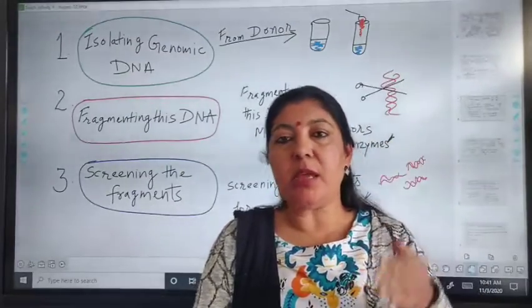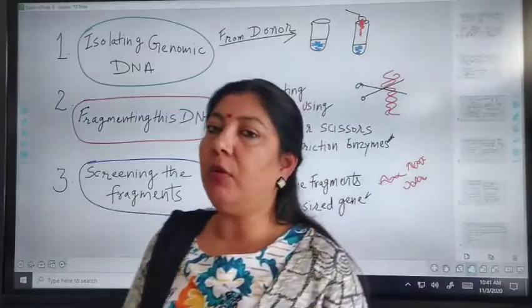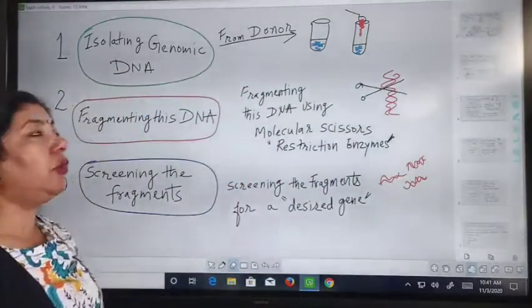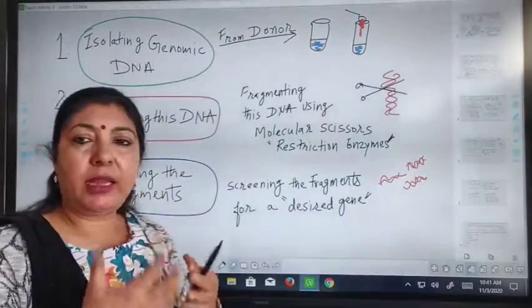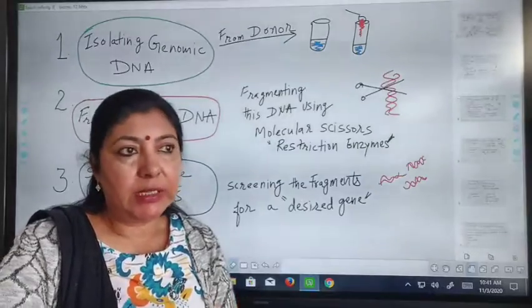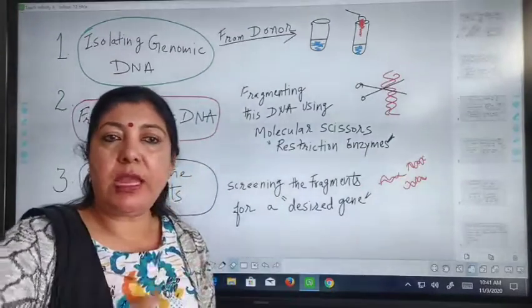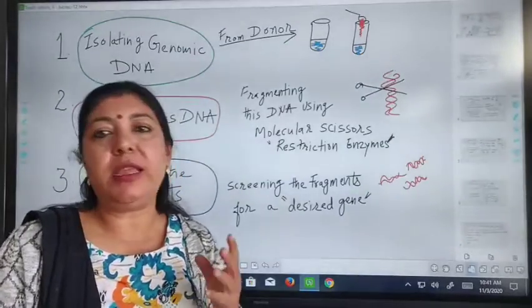These sequences are very important. You must know the sequences. So the first step of the sequence is isolating the genomic DNA from the donor. A technique is there. We first take the cell, we break the cell, and then we centrifuge it, and ultimately we get the DNA.